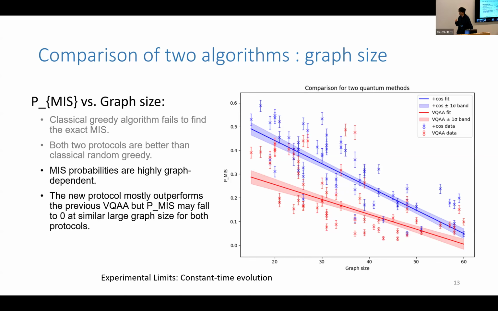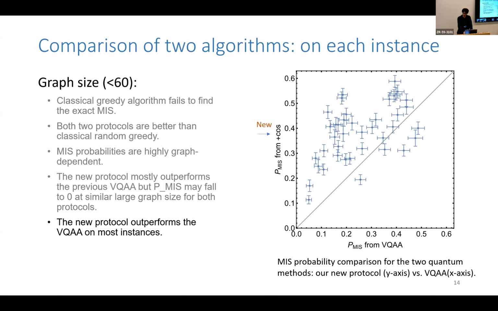If we only have a constant evolution time, then as the graph increases, the complexity grows higher and higher, and the time we need for the adiabatic evolution will keep increasing, but we only have a constant time in the real experiment. So it is expected that when the graph is too large, those two quantum algorithms will eventually fail if we cannot increase the evolution time.